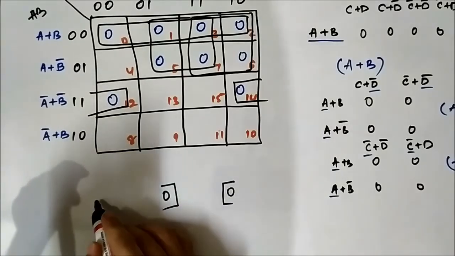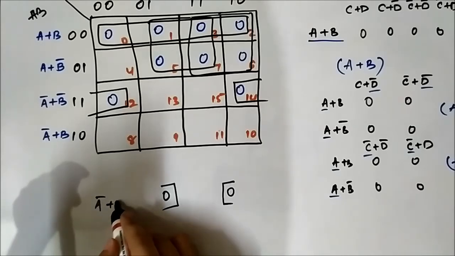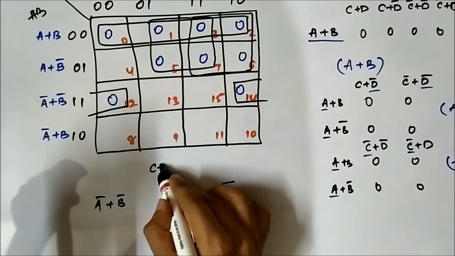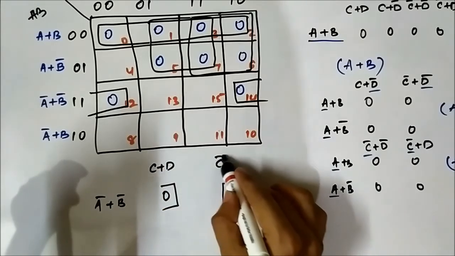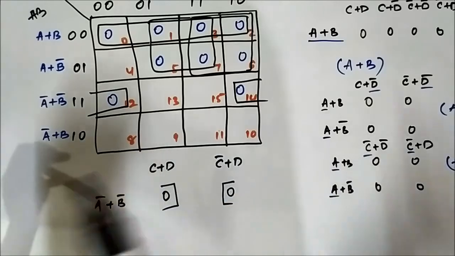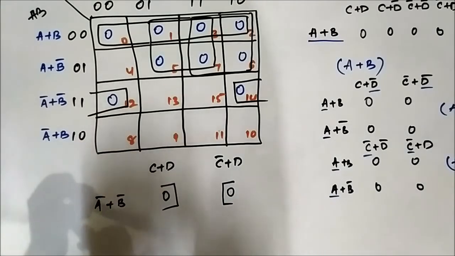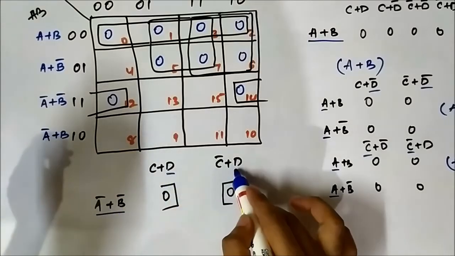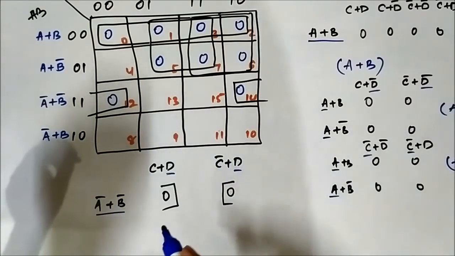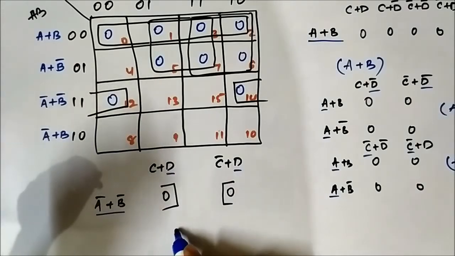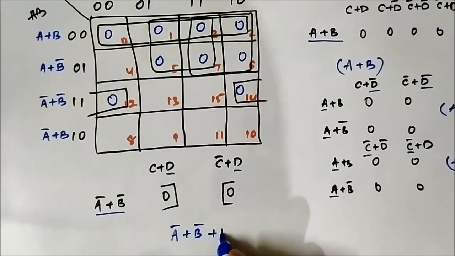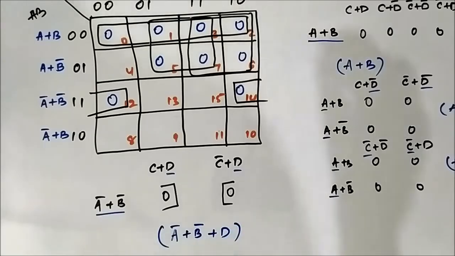The horizontal component is A bar or B bar, and the vertical components are C or D, C bar or D. So in the horizontal side we have this whole A bar or B bar common, in the vertical side we have D common. So the common set of variables is A bar or B bar or D.